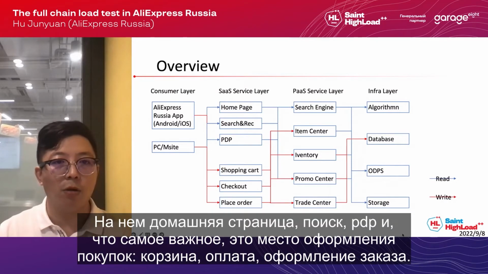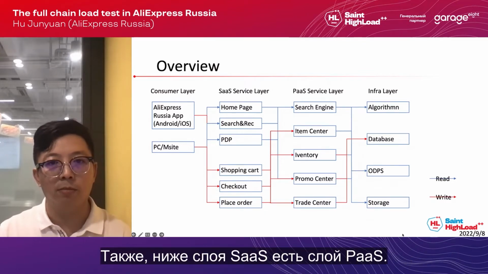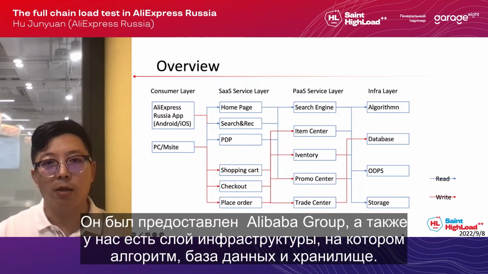It has the homepage, search, PDP, and the most important, our purchase experience: cart, checkout, and place order. At the downstream of the SaaS layer there is the PaaS layer, provided by Alibaba Group. And also we have some infra like algorithm, database, and storage.